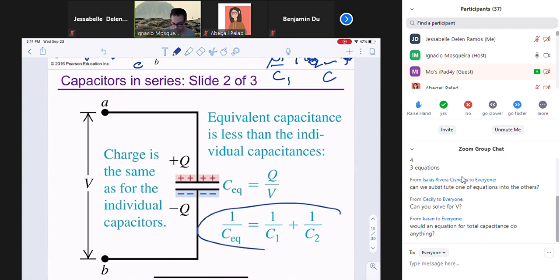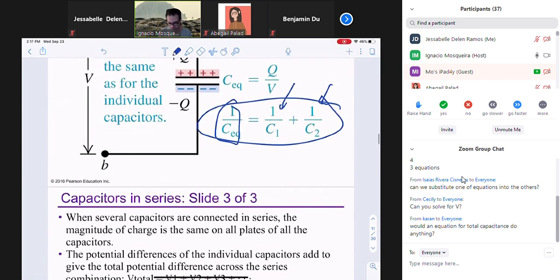Now, please, I noticed that many times what people do with this is they just do 1 over C, and they forget that this is 1 over C as well. So they just add up 1 over C plus 1 over C, and they think that's the capacitance. That doesn't have the right units. Okay, so you got to do 1 over C.